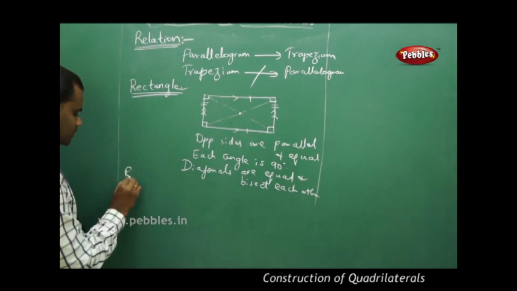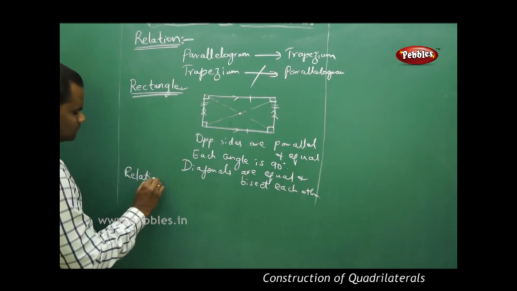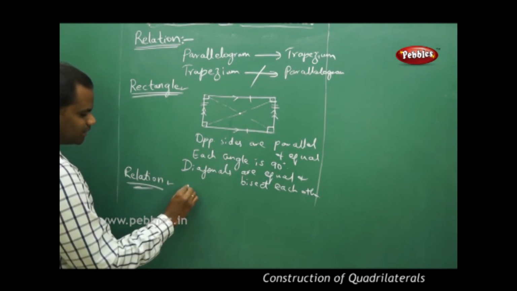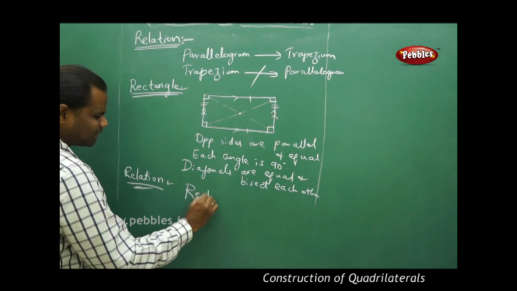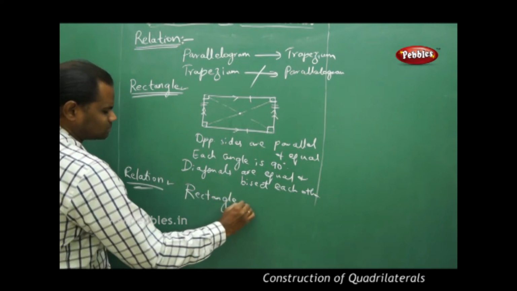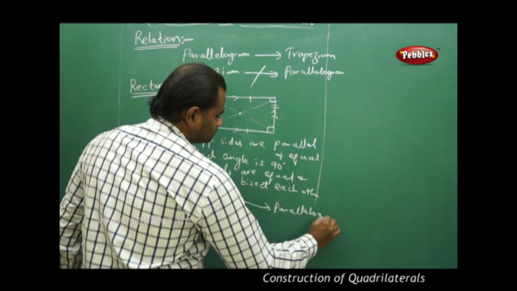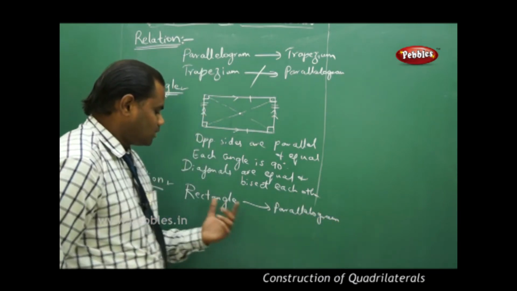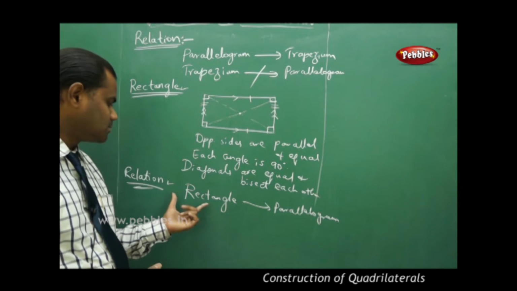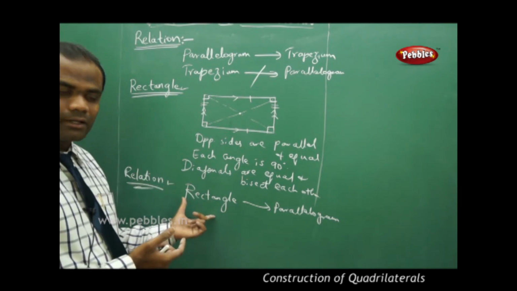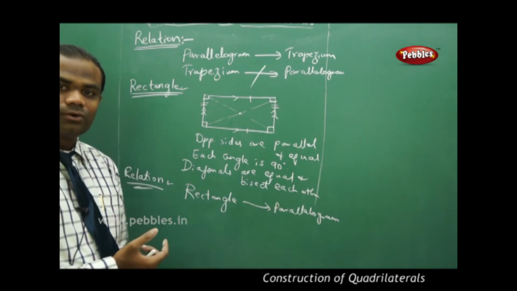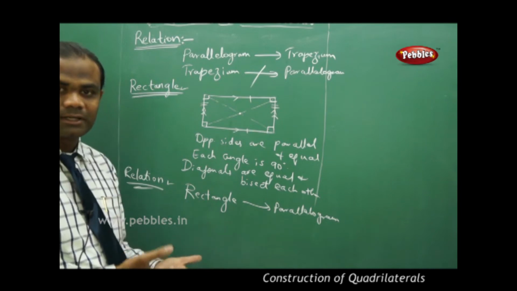Now when I see the relation, I see that every rectangle is a parallelogram, because two pairs of opposite sides of a rectangle are parallel and equal, as in a parallelogram. The only additional property for a rectangle is that each angle is 90.